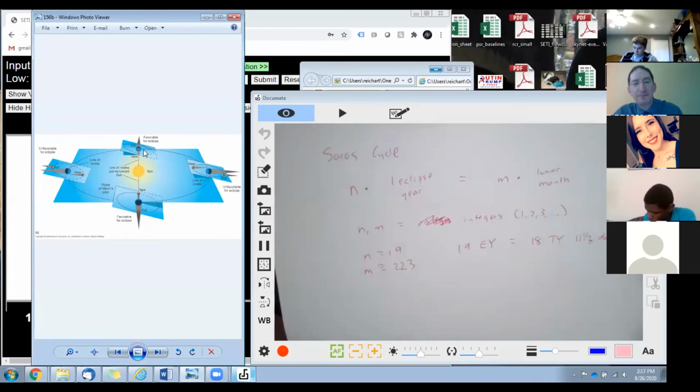But because the system will precess, the line of nodes will regress, and it will, because of that, point to the sun earlier. If it's pointing to the sun here, it would then point to the sun at this point in the orbit. And then coming around, it points to the sun at this point in the orbit, early, 19 days early. Does it precess clockwise or counterclockwise? No, clockwise.